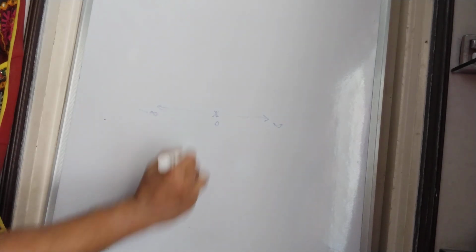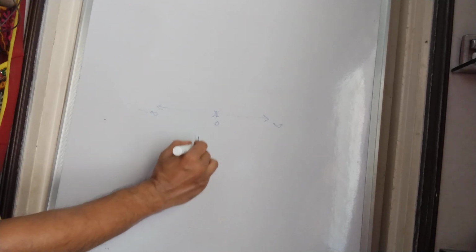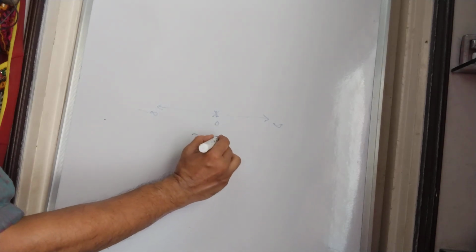Let us denote the real line by R. So all the positive and negative integers are taken to be the members of this set R.